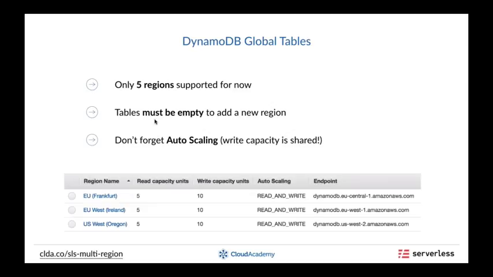There are workarounds that allow you to transform your current DynamoDB table to a global table, but you cannot just add a global table to your existing ones. A workaround could be a blue-green switch. You create a totally new global table with the regions you need, and then you start writing data into it.